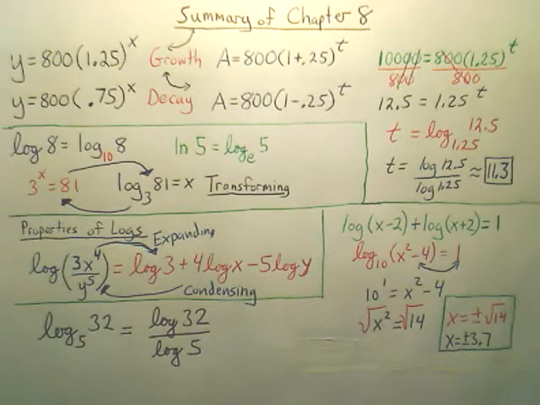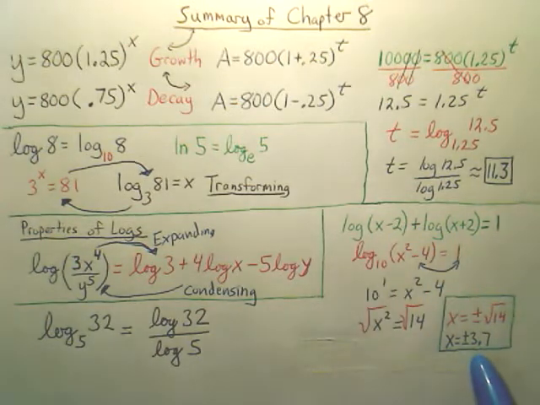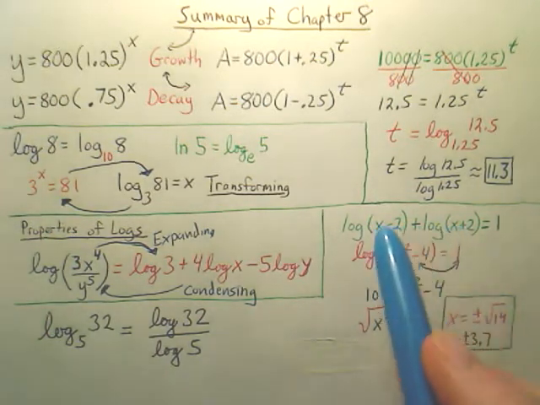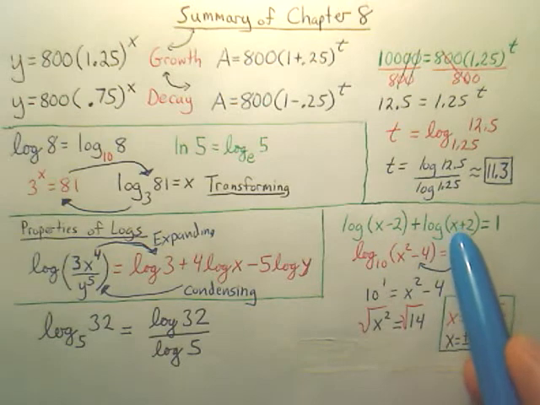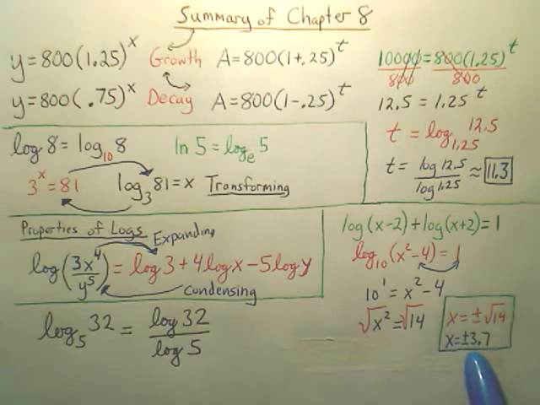Now, I used to tell you that you have to check for extraneous, and you do have to check for extraneous, but the problem is, if I put the positive 3.7 in here and here, we're okay, because those are positive. But if I put negative 3.7 in here, doesn't it malfunction? But look at this. What if I plug the negative into this one? Does it still malfunction? No, because when you square a negative, does it make it a positive? So is the negative extraneous? I don't believe so.